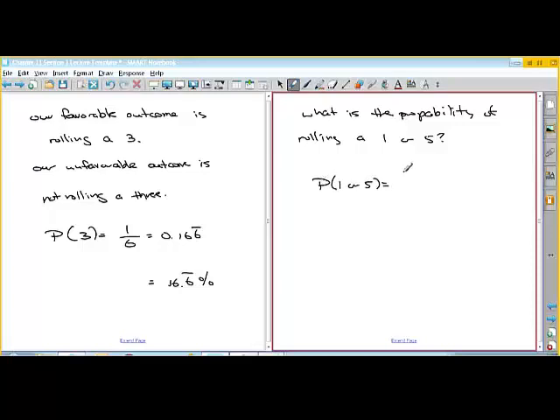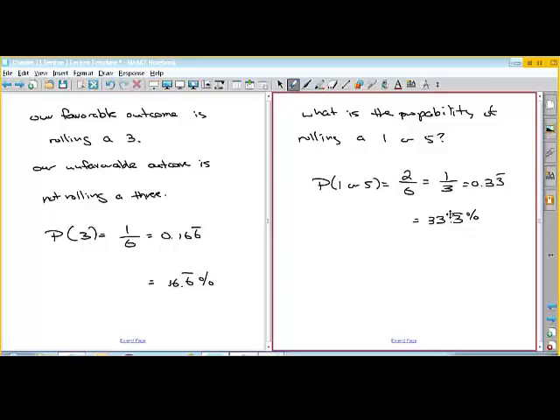So the probability of getting a 1 or a 5 is now 2 divided by 6. There are 2 favorable outcomes, and still 6 possibilities. You would simplify that down to 1/3, or 0.33, or 33.3%.